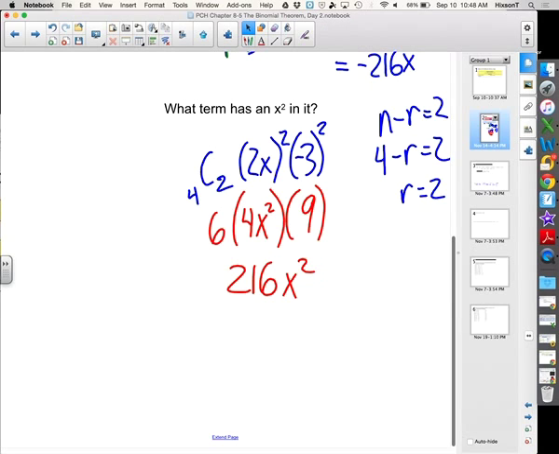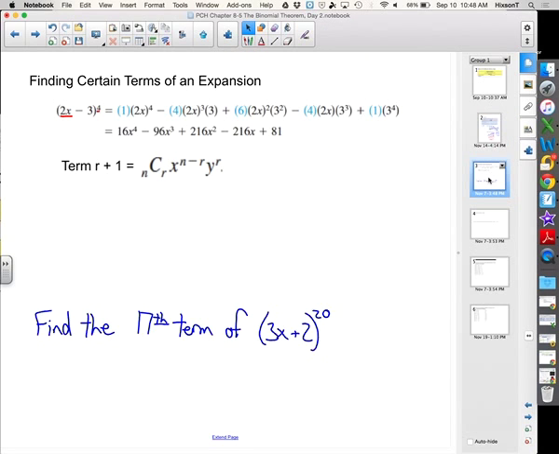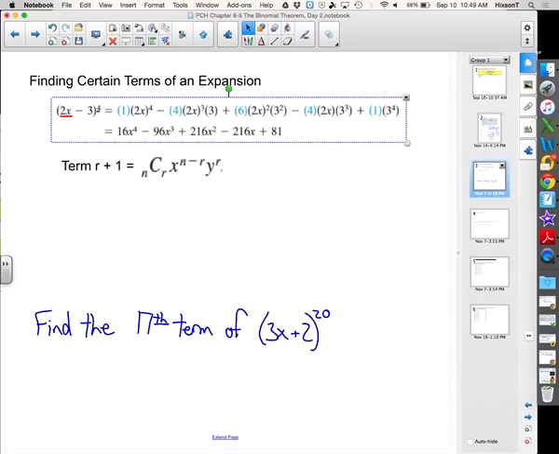Okay? Now, here, just to confirm that, notice our term with the x squared was positive 216x squared. And the 1, 2, 3, the fourth term is negative 216x, just like we found. But we didn't have to see the whole expansion to do it.